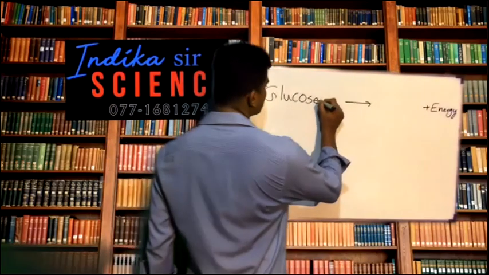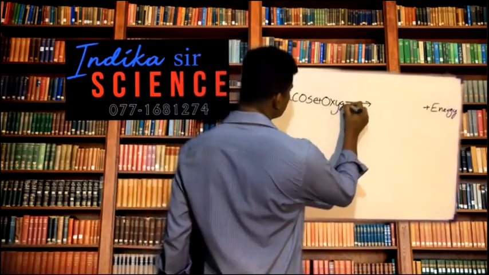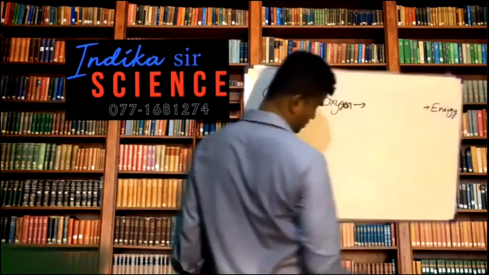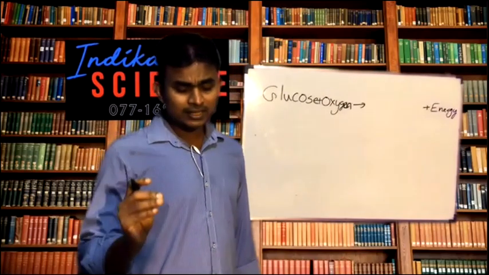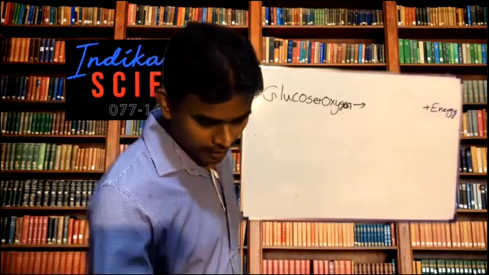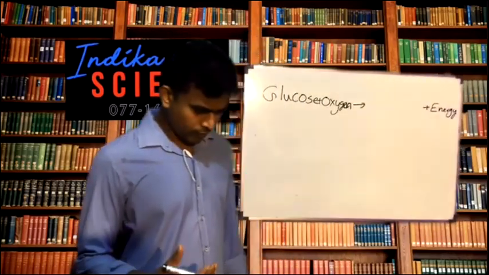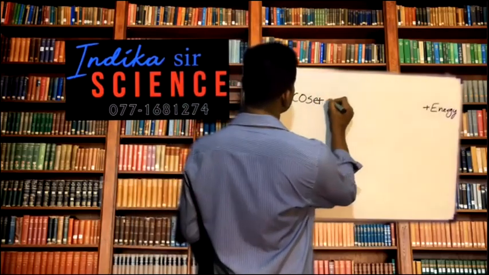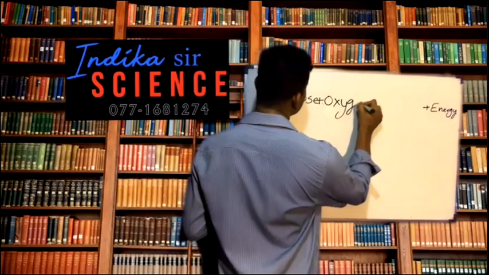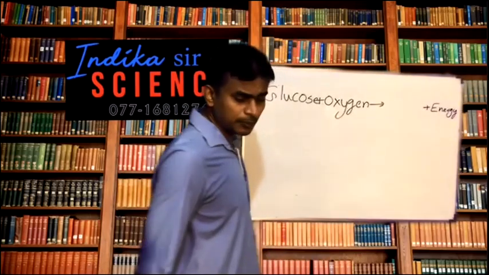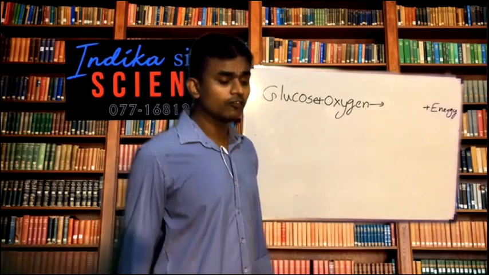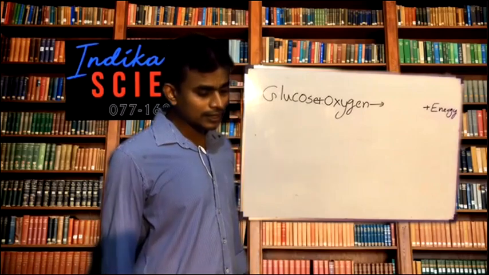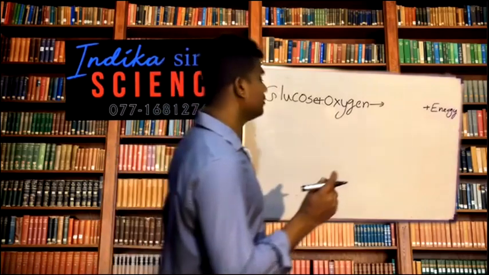Glucose plus oxygen together form energy. Two things are also produced during the process of cellular respiration. I will write down again: glucose plus oxygen. What are the other products? Yes, very good. One product is carbon dioxide.